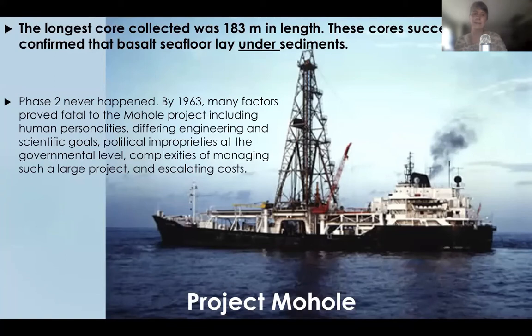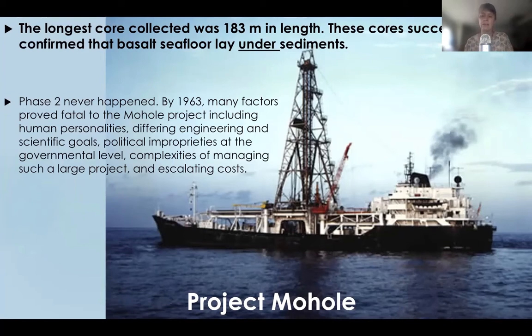phase 2 never happened. There were a number of things that happened in 1963 that proved fatal to the project. One was the human personalities. There were some very big egos involved. Another was the difference between the engineering goals and the scientific goals.